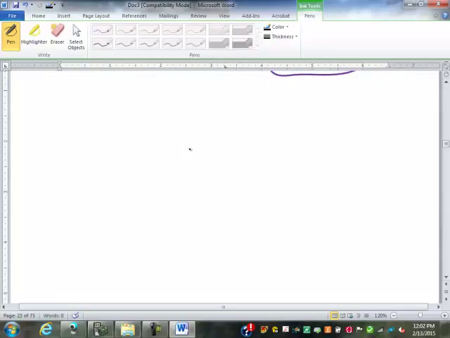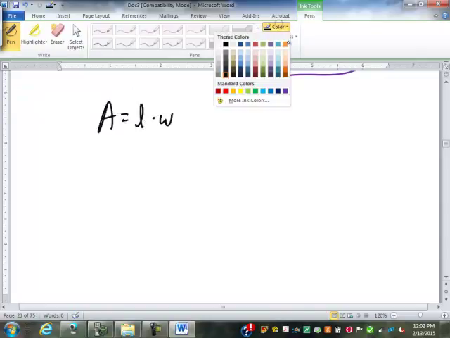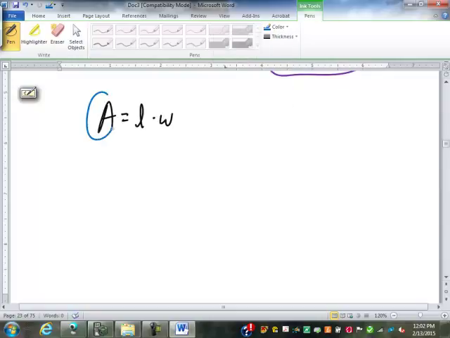Why would we care about that? Well, there's a lot of times that we have a formula that we need to be able to solve over and over again, but not necessarily for the variable that's already solved for. A simple formula: area is equal to length times width. Let's say we have a lot of rectangles where we know their area and their length, and we want to find their width.